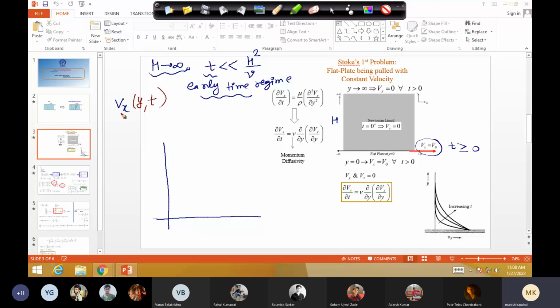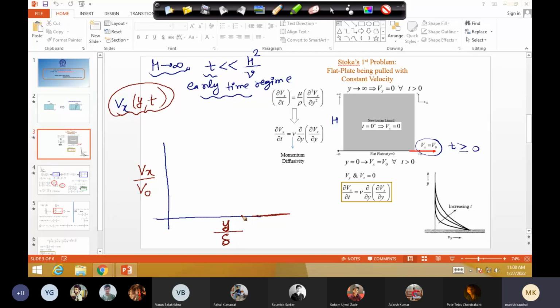What we want is to combine all these variables and get a single curve, a single master equation. So we proposed that if we do Vx by V naught against y by delta, then probably we can have such a master curve.